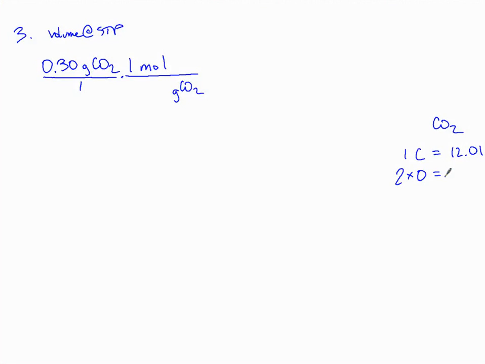Oxygen is 16.00. Oh, that brings something up. I gave you the official AP periodic table on the front page. That's the one you'll get on the exam, so you might want to use that one because its numbers are the specific numbers they use. So oxygen is 16, and there's 2 of them, which means 32. And so you add them together, and we get 44.01. And that's the number we're going to put up here, 44.01.